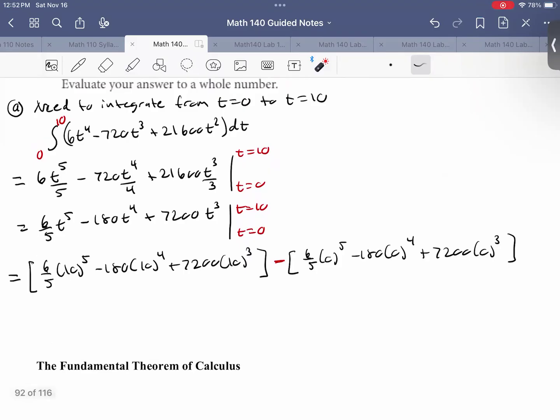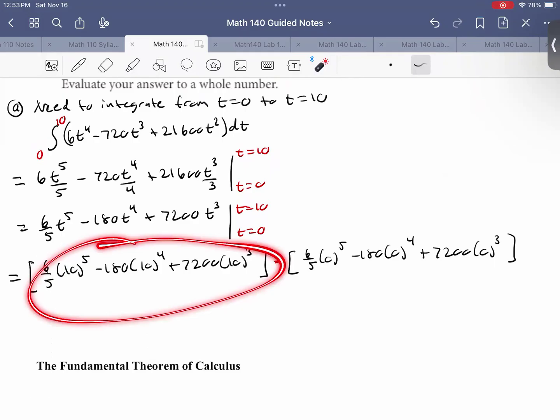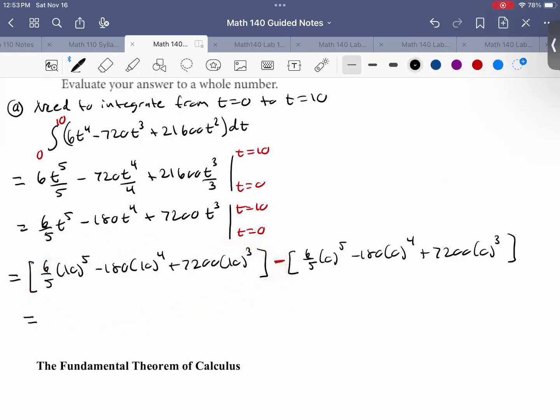We go ahead and simplify this. I'll leave you to the calculations, but what you should end up with is 5,520,000 in this first bracket, minus what?